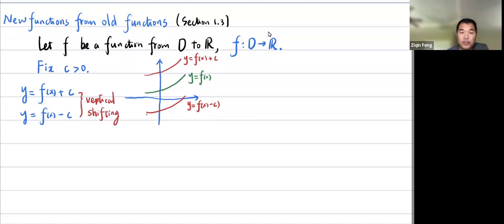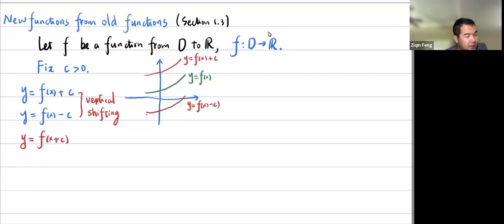We can also do horizontal shifting by plus or minus c on x. Take another function, y equals f of x plus c.